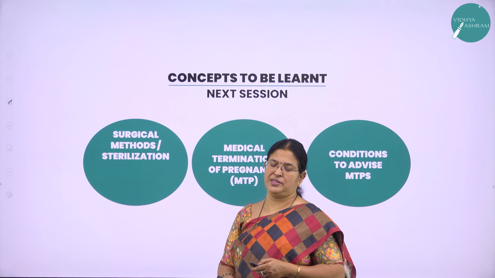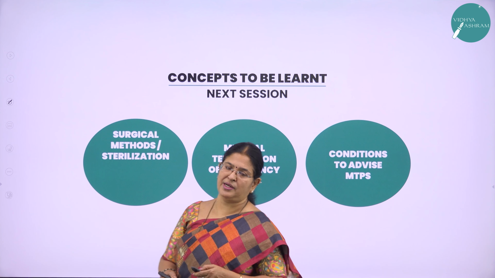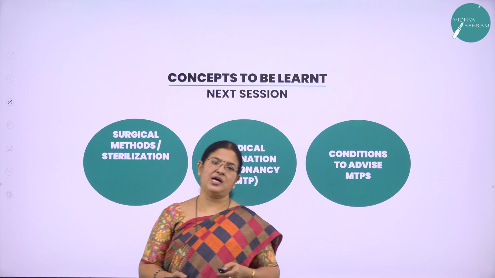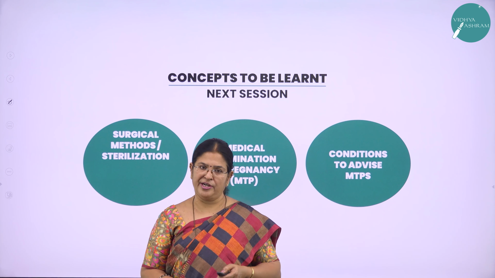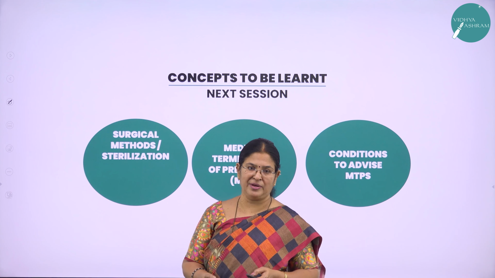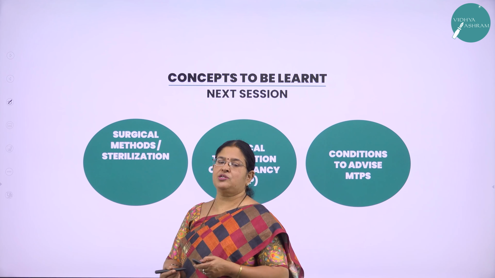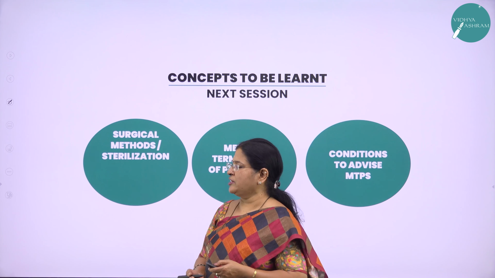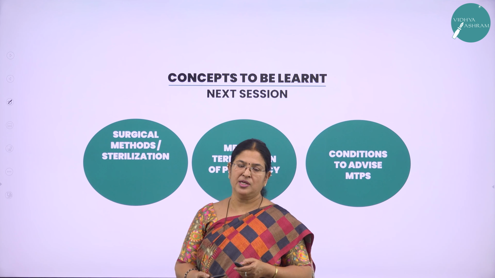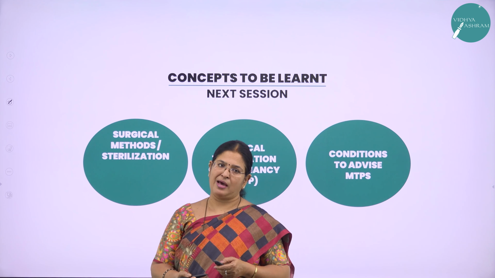The contraceptive methods like the temporary method, which was broadly classified into natural, also called physiological method. And what were the three very important natural methods? Periodic abstinence, second coitus interruptus, third lactational amenorrhea.